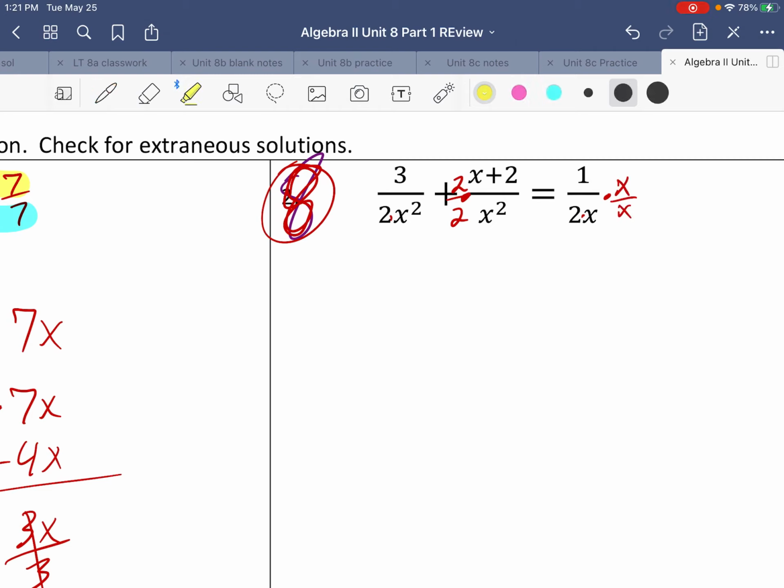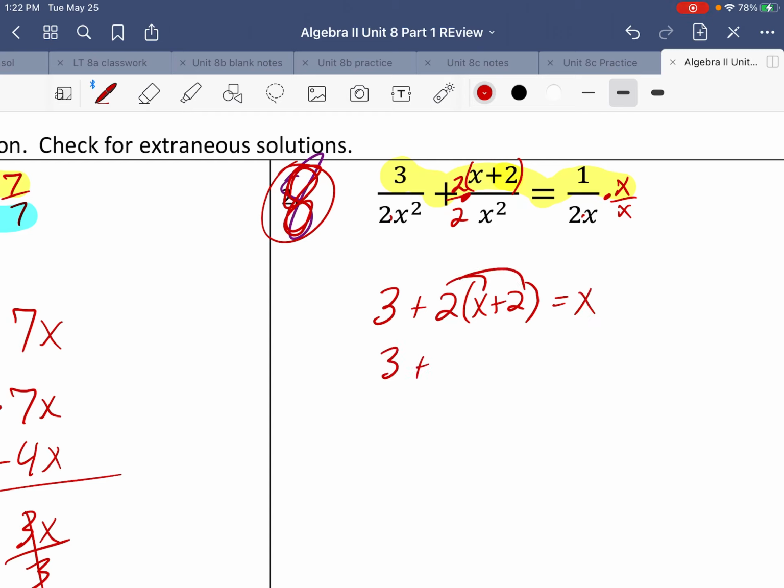That gives us, if you just look at our numerators, 3 plus 2 times x plus 2 equals 1 times x. Remember, this is a binomial, so it's 2 times both terms. Instead of doing it right away, we just put parentheses so then we know to distribute. 2 times x plus 4 equals x.